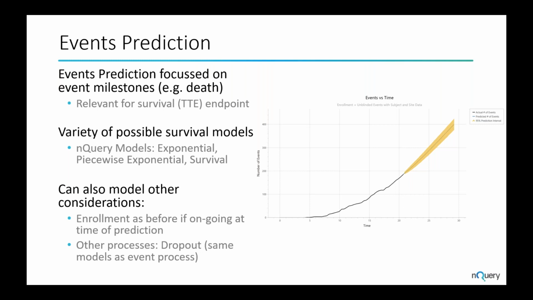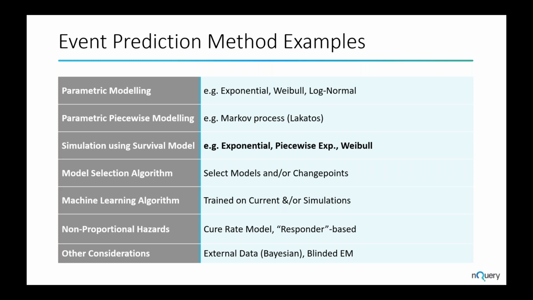And then on top of this, just like we had different accrual models, the same goes for survival. So again, parametric modeling is an option for the events process, but it tends not to be very widely used for survival predictions.